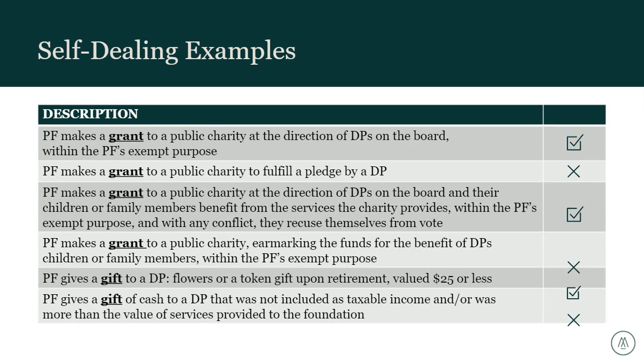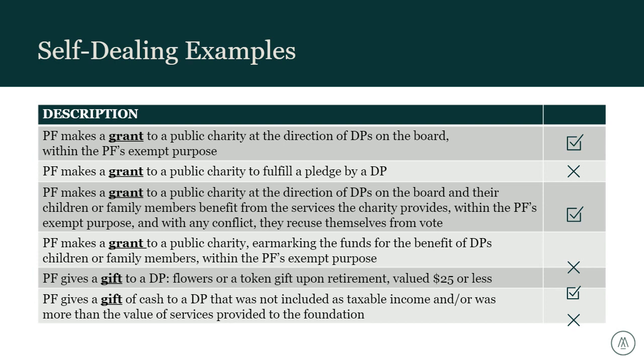So some additional examples on grants, and that's another one that comes up often because a lot of people who have private foundations are charitably inclined, and so they may make a grant to a public charity, the same public charity that the private foundation supports.